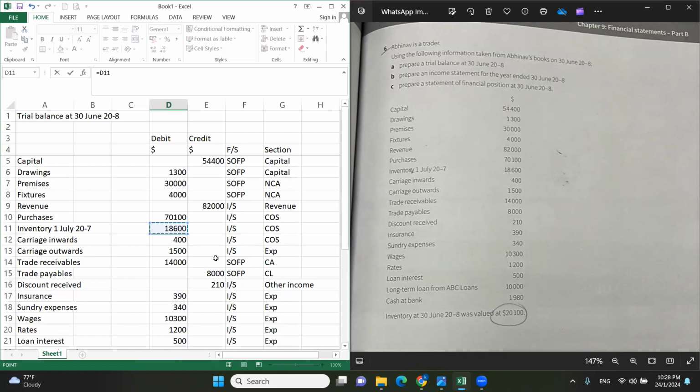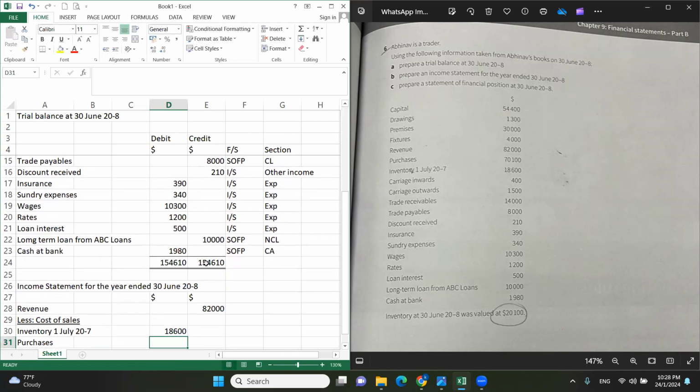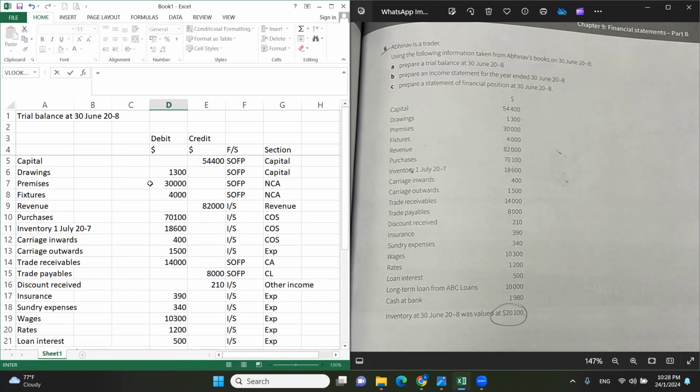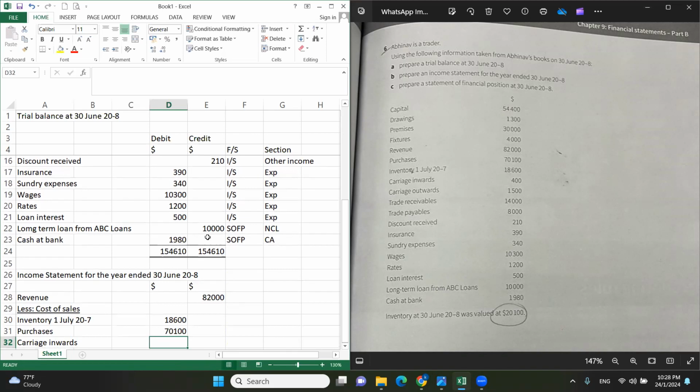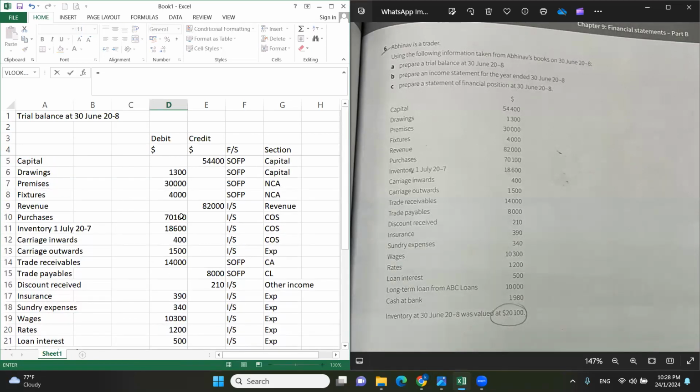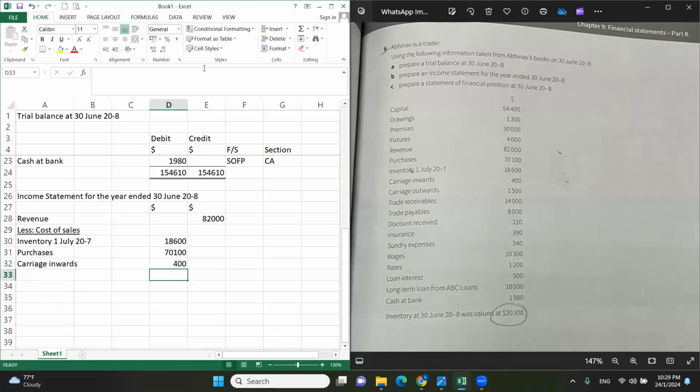Inventory is 18,000. And then purchases is 70,000. And then carriage inward 400. Okay, we add the total.